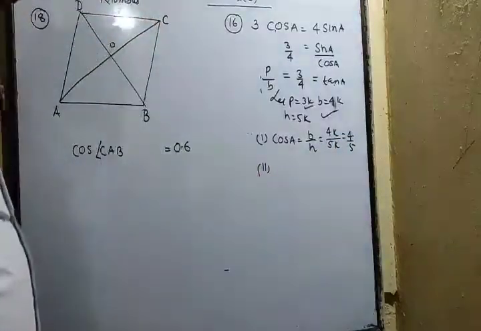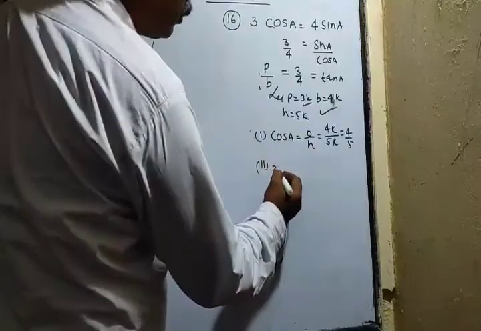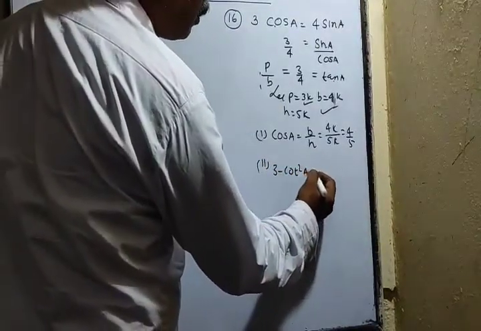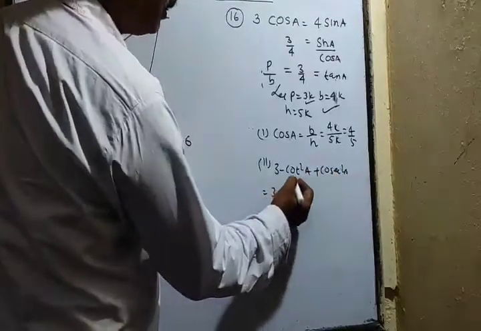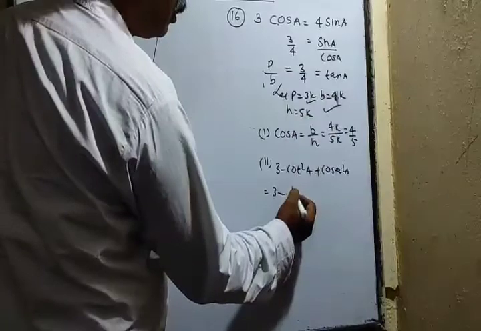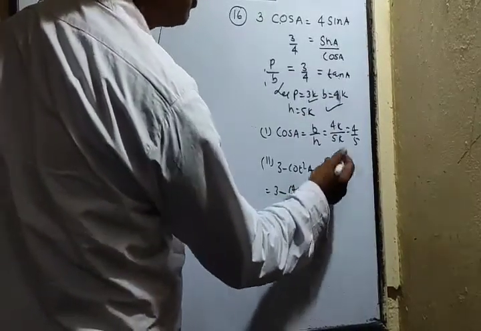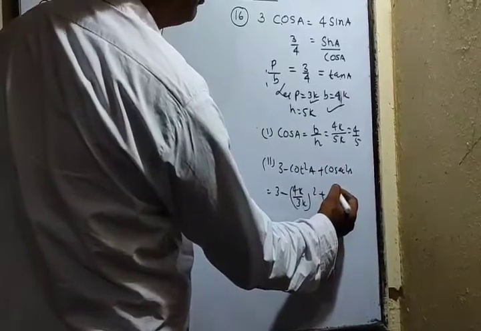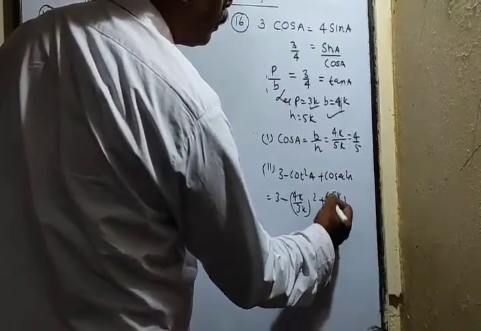And second part of the question is 3 minus cot square A plus cosec square A. So it will be 3 minus cot, which is B by P, 4K by 3K whole square, plus cosec, which is H by P. So H is given 5K by P is 3K whole square.